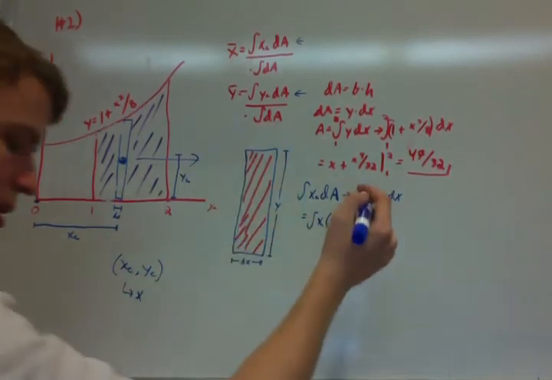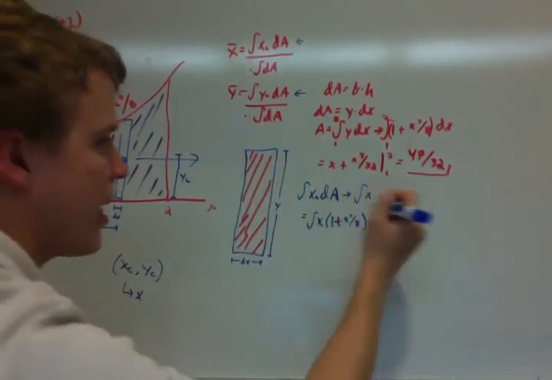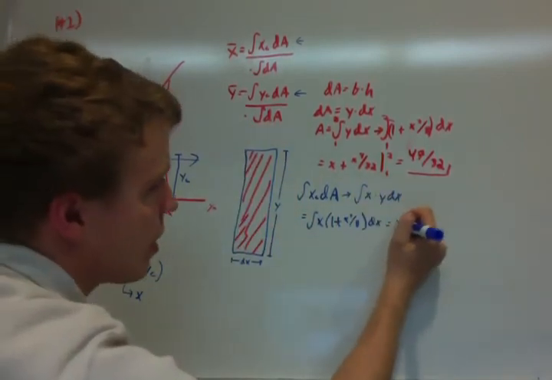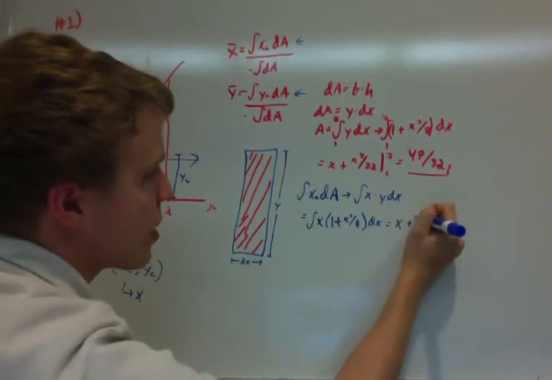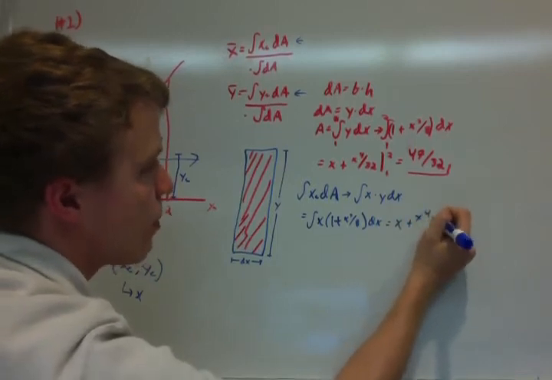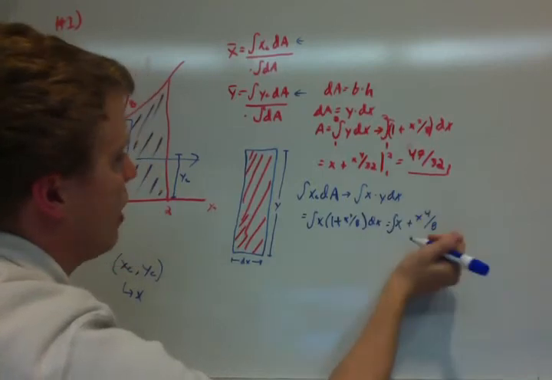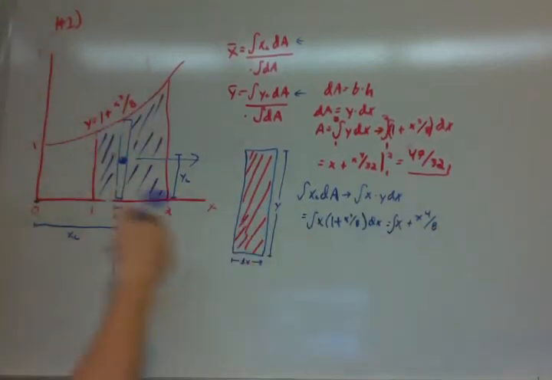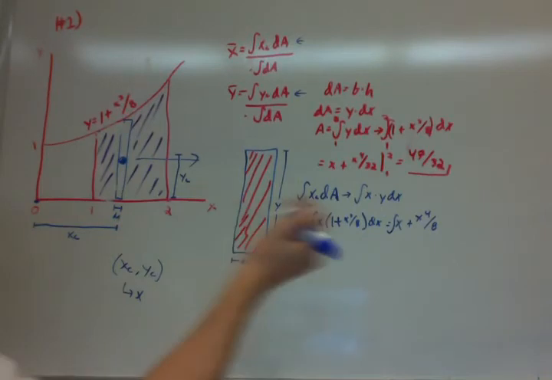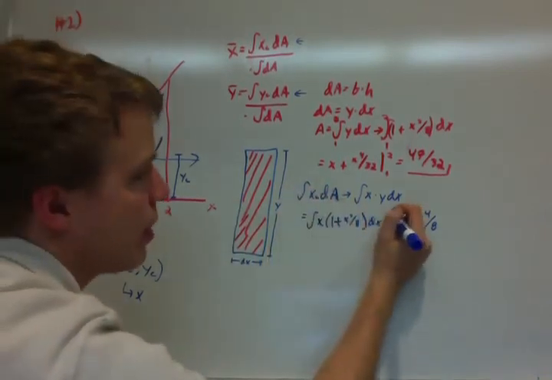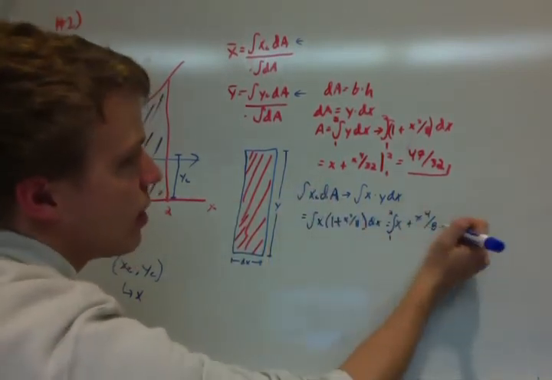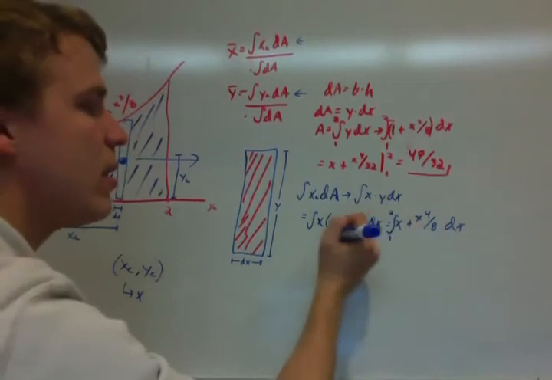So then we're going to distribute the x. You end up with x plus x to the 4th over 8. You're going to integrate this, and where are you going to integrate it with respect to? Well, it's in terms of x, and your area is from 1 to 2, so same thing goes from before. It's going to be from 1 to 2 with respect to x.